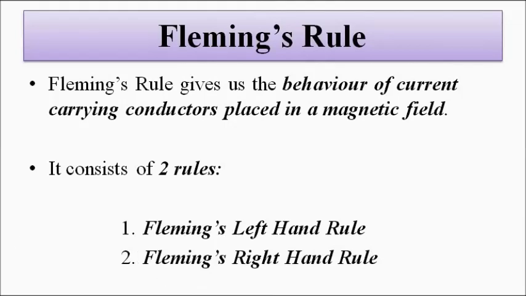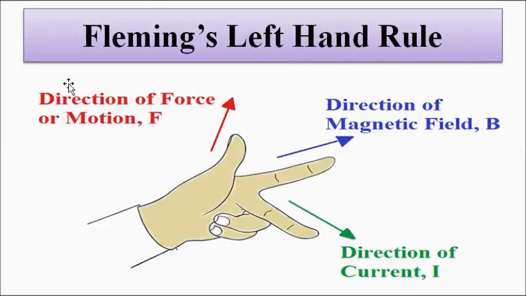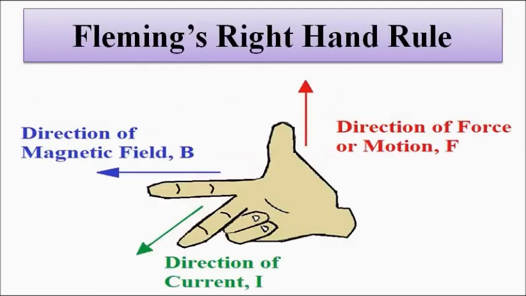Basically, what Fleming's rule specifies is that when a current carrying conductor is placed in a magnetic field, it experiences a force which causes it to rotate, and the direction of the force or movement of the conductor, the direction of the magnetic field flux density and the direction of current are in mutually perpendicular directions. Okay, in both left and right hand rule.